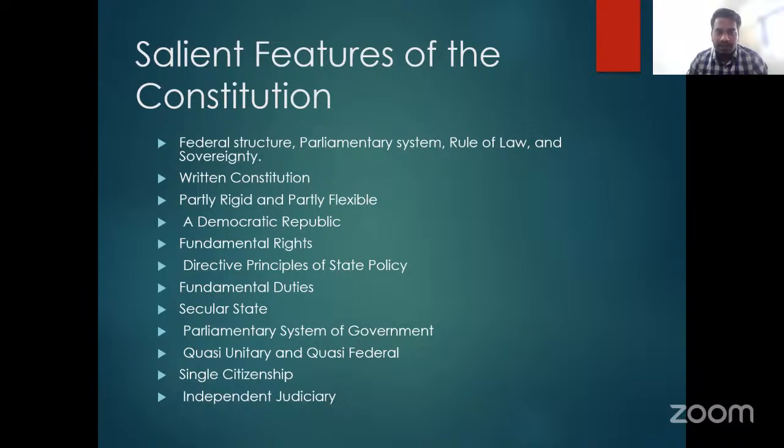Next, those are fundamental rights. We will go into further detail in the next chapters. We will go briefly over the salient features of the Indian Constitution. Next, coming to directive principles of state policy. These are a novel feature of the Constitution, as said by B.R. Ambedkar. The articles relating to directive principles of state policy are Article 36 to 51.